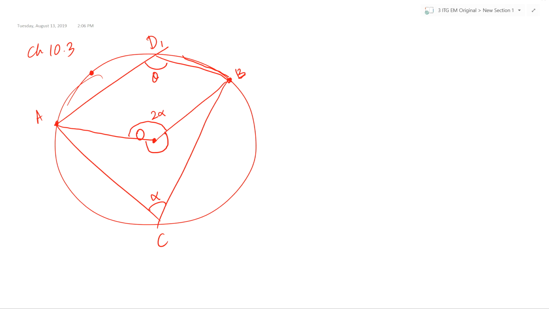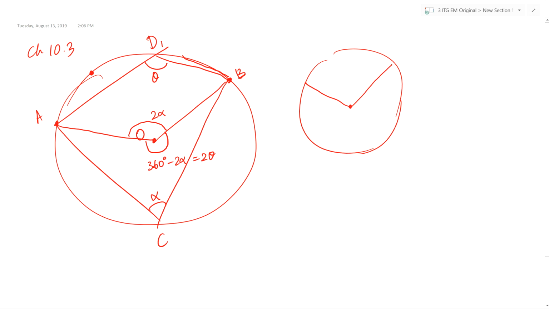Why not? Okay, this is 360 degrees minus 2 alpha. But is it related to theta as well? Yes. What is the relationship? This is equal to 2 theta. But why? What is the reason? Same thing. Angle at center is equal to 2 times angle at circumference.